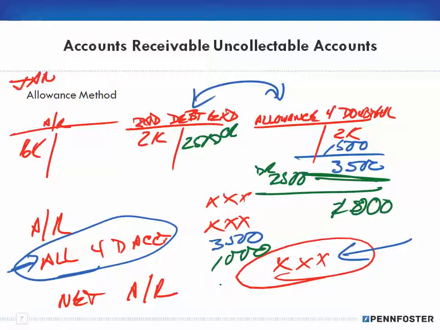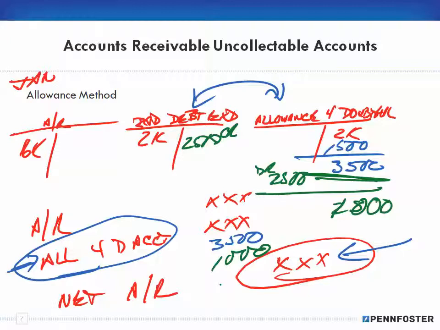This is the theory behind it, and it is a little confusing until you get accustomed to working with it. So that's where the exercises are going to come into play. Make sure that you do the homework problems, because you'll have to work through these numbers on an ongoing basis, and you'll be able to see what I mean by making sure that the running balance in the allowance for doubtful accounts is correct.